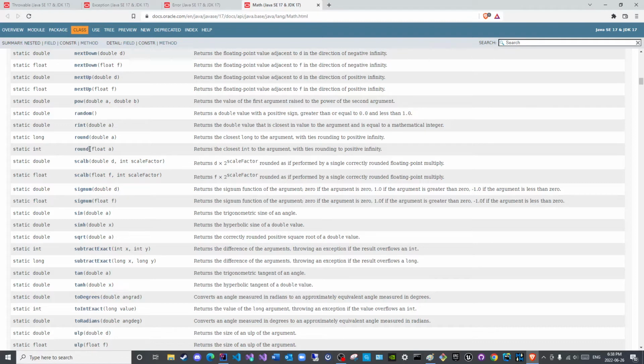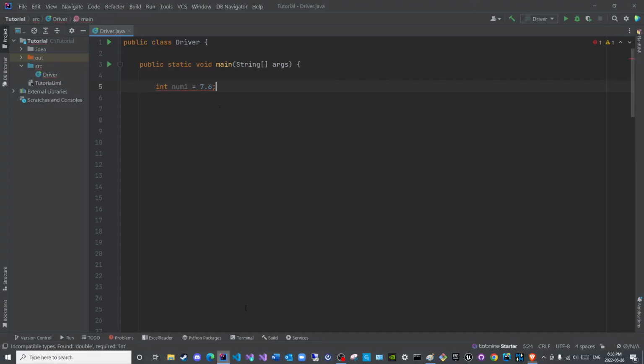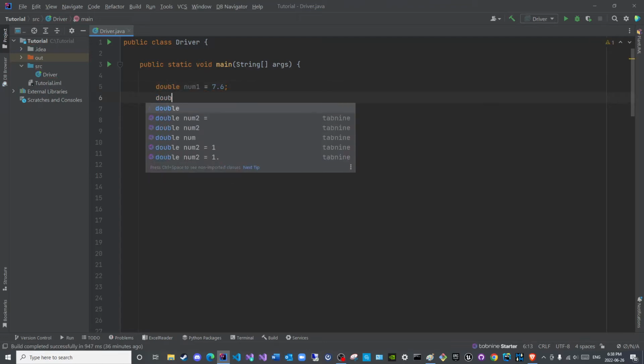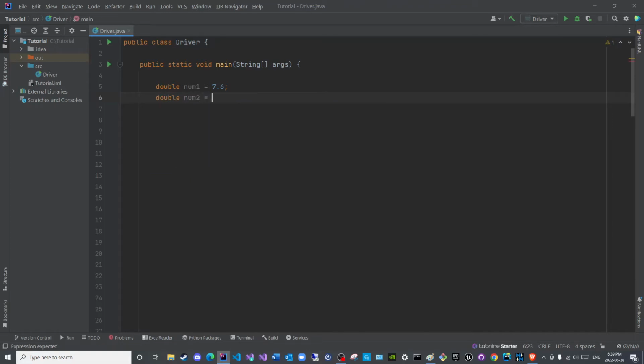If it is below 0.5, so 0.4 and downwards, it is rounded downwards. So this is normal rounding. Floor and ceil are special forms of rounding. Why is this? Oh, this should be double. I apologize. Double num2. I am simply accustomed to using integers.